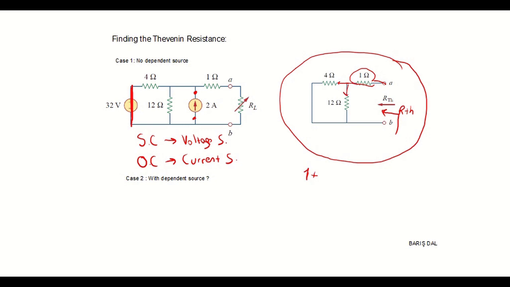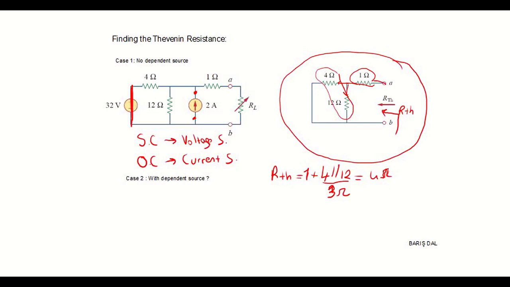Since there are two ways that current can go, this 4 ohm and 12 ohm are in parallel. 4 ohm in parallel with 12 ohm is equal to 3, and 3 plus 1 is 4 ohm. This is the Thevenin resistance.